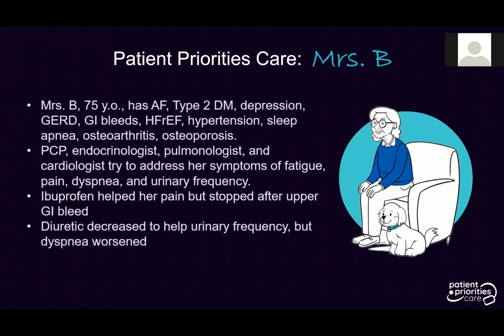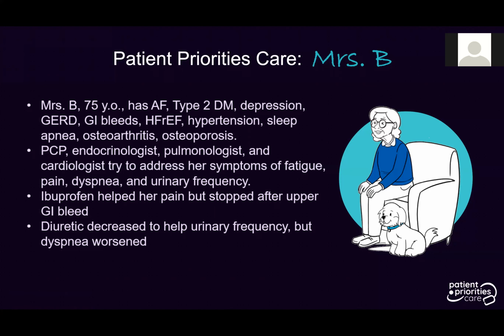Often her main complaints during her prior visits, and when she speaks to members of the home-based primary care team, are a combination of symptoms: fatigue, a little bit of shortness of breath, a little bit of pain, and some urinary frequency. Recently, she's been bothered by some aspects of her healthcare as well.